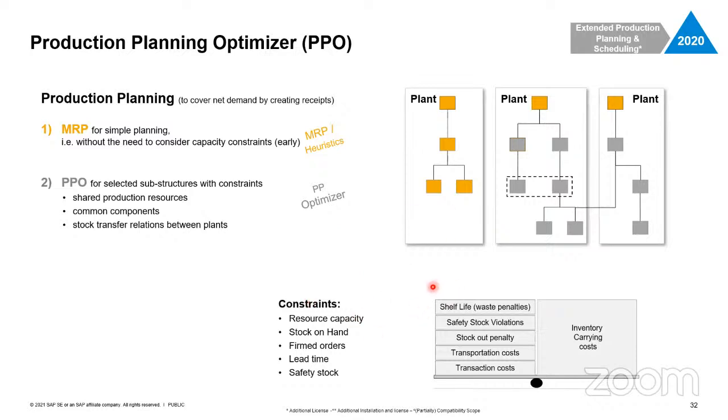The key characteristics with which you can work here are production, storage cost, or transportation cost. These are some of the influencing pointers which you can use for planning, optimizing your production plan or your procurement plan.